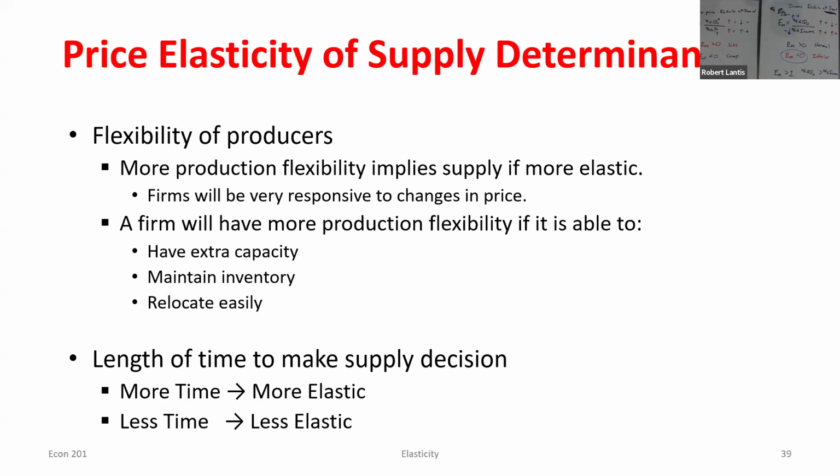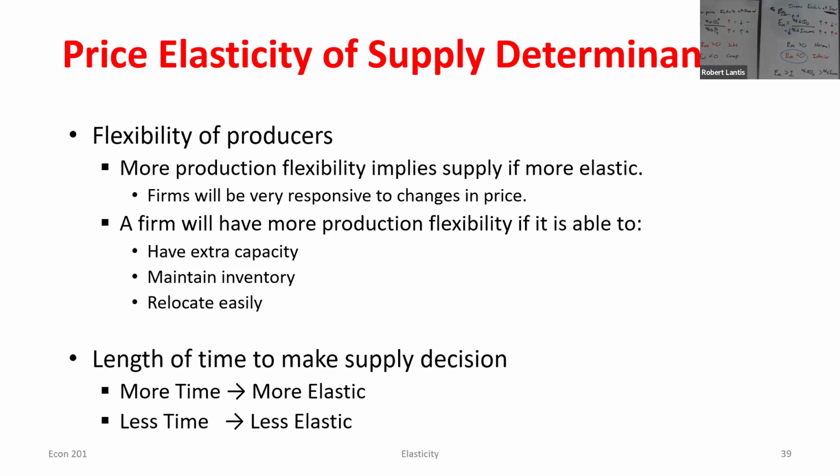They want to have the flexibility that if the price of a product goes up all of a sudden, and I'm constrained, I've already maximized my capacity in my plant, when the price goes up, what can I do in terms of how much I supply? I can't respond at all. So allowing myself to have some extra capacity allows me to respond to price changes. When the price goes up, I can then produce more or supply more.